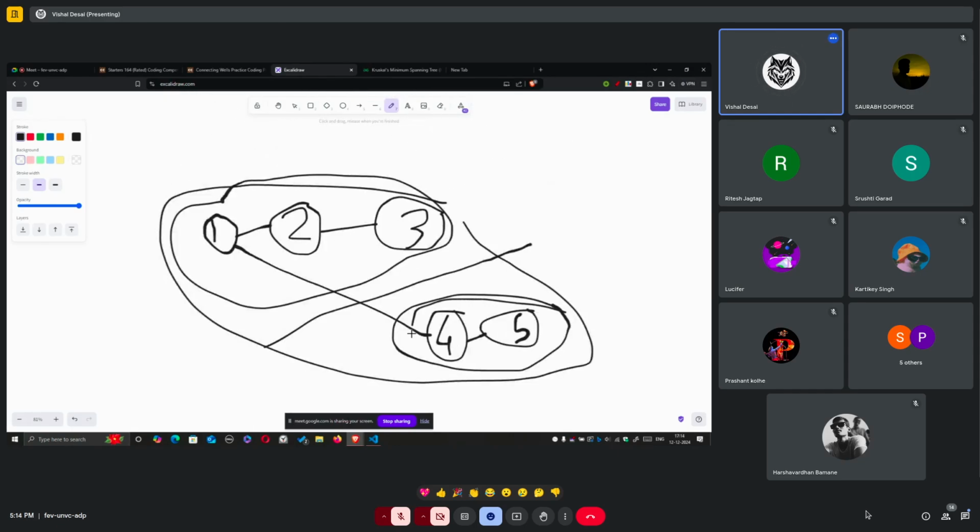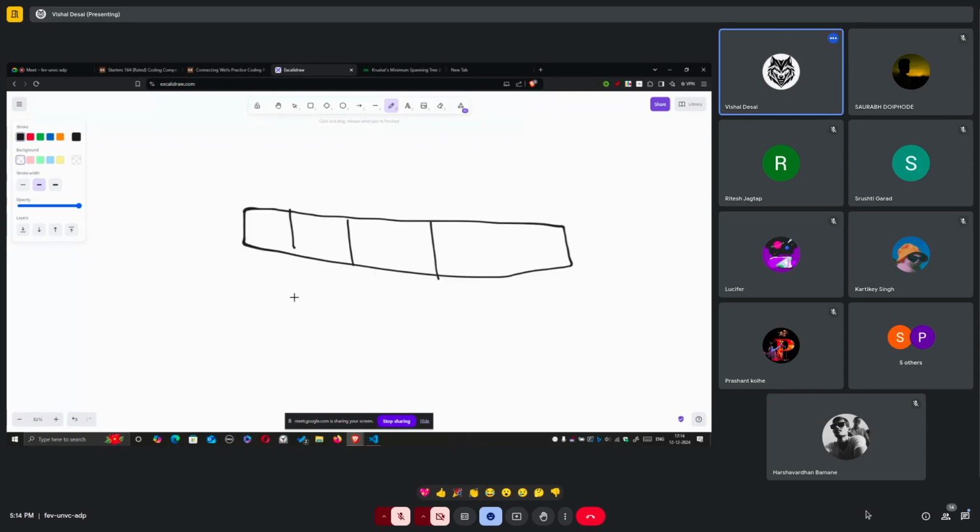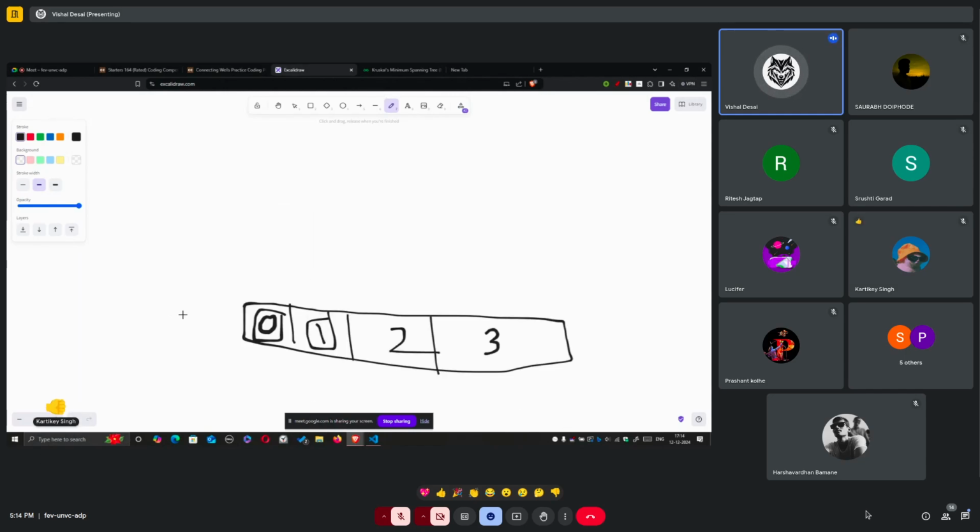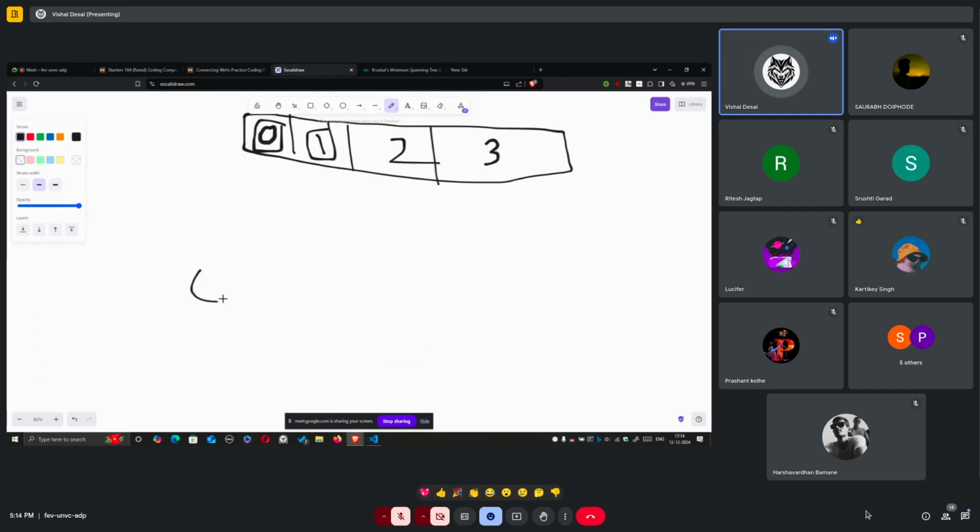Currently we don't have anything, so each vertex is parent of itself, right? The 0th vertex will be parent of itself, then the first vertex. They are basically different components, different disjoint sets.